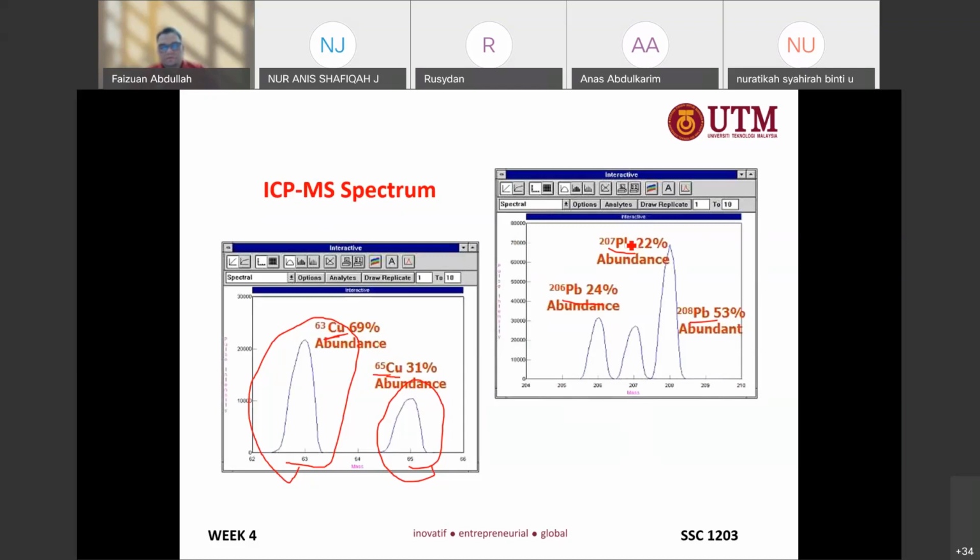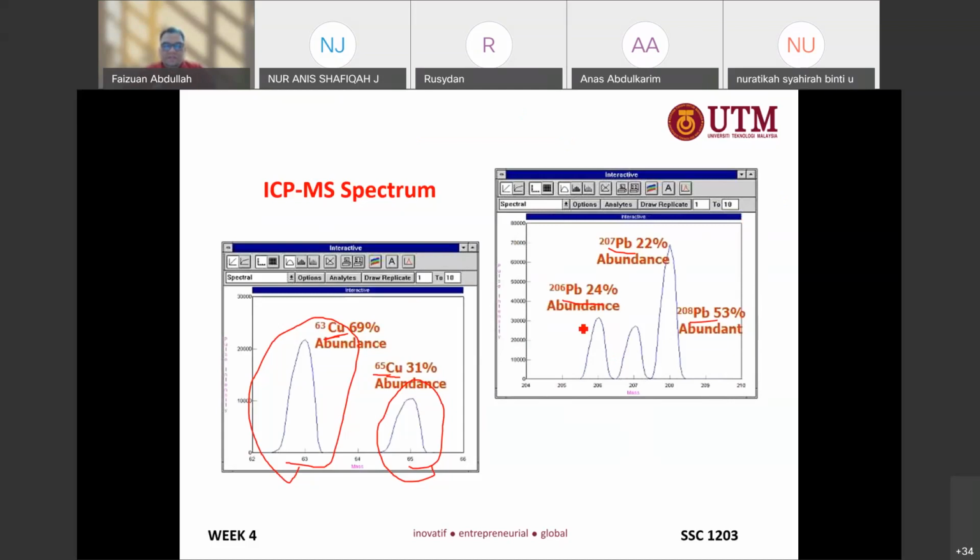Okay. Is it correct? You agree with who's speaking just now? Anis. Anis, okay. So everyone agree with Anis? Definition of isotope? All right.